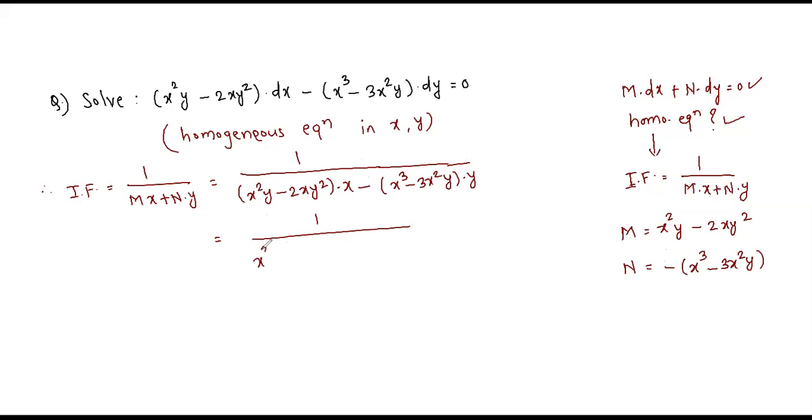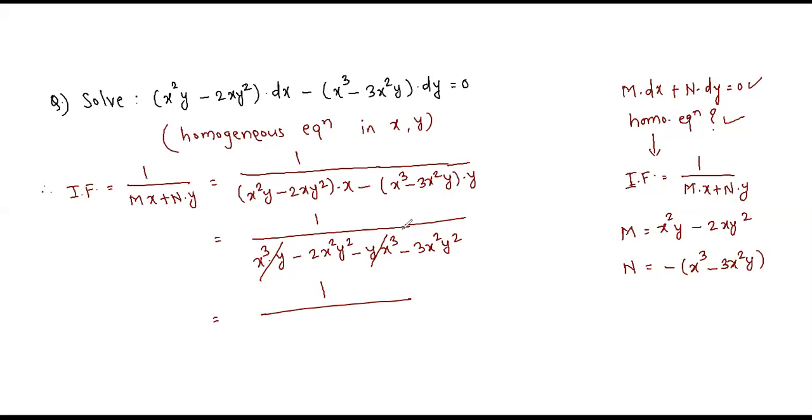It will be x cube into y minus 2x square y square minus yx cube, minus 3x square y square. So it will be equal to 1 upon, so I think this will get cancelled out. So what will I get?